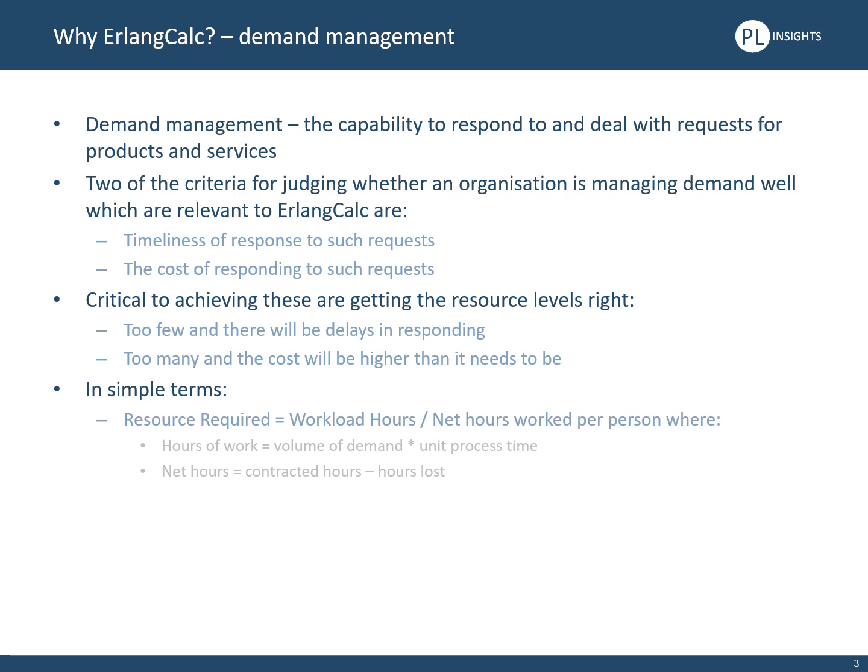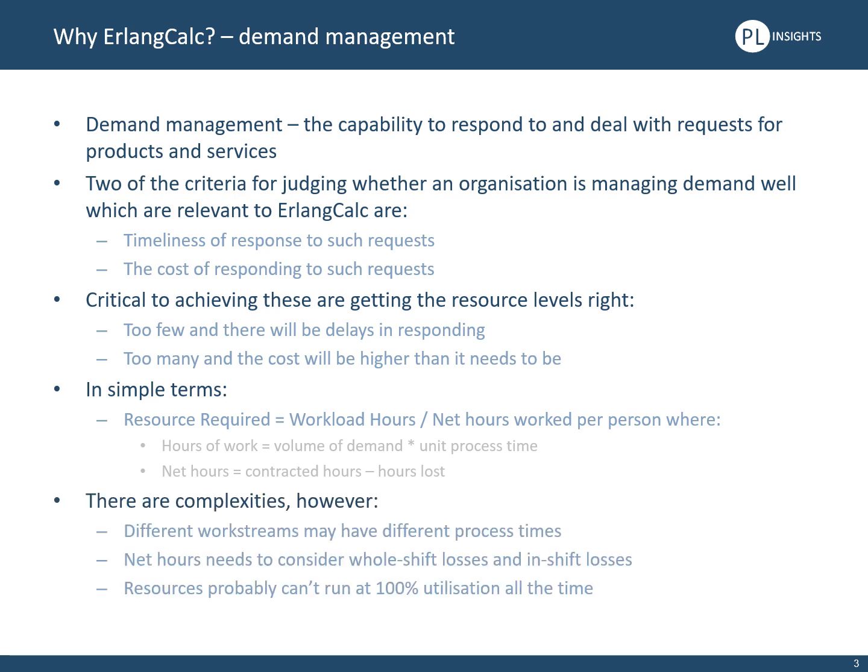So workload can be calculated by multiplying the volume of demand by the unit process time, and by net hours worked we mean the contracted hours that somebody's meant to work less any hours that we lose, which can be things like hours spent on breaks, dealing with admin, but also abstractions for sickness, leave, etc.